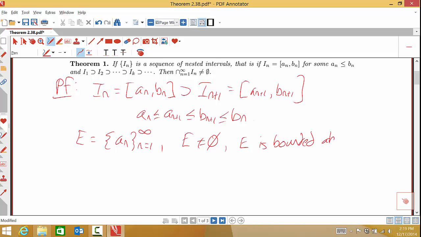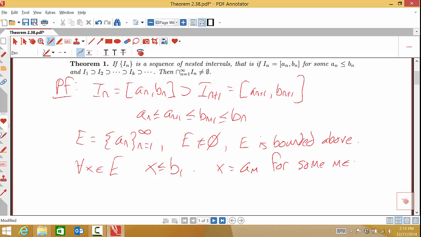Okay, well, how do I know E is bounded above? In particular, I can say for all x in E, x is less than or equal to b1, the right endpoint of the first interval. Well, why is this true? Well, I know if x is in the set E, x equals a sub m for some integer m.